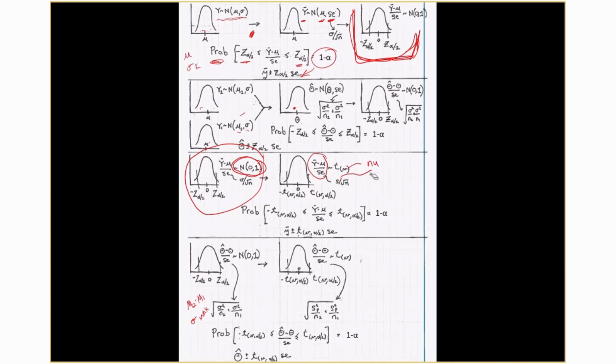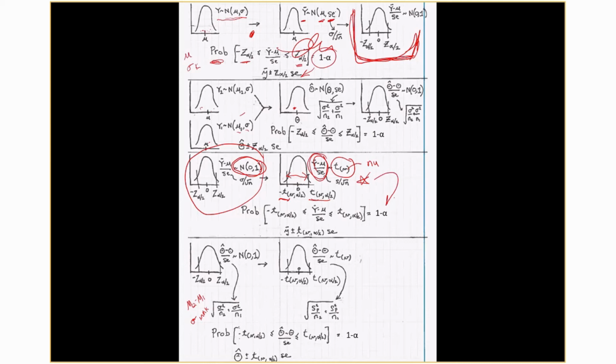But once we've got that, the process is pretty much the same as what we showed up here, namely that we can have our minus t values and plus t values that we get from our t table, and 1 minus alpha is the proportion of these guys that will lie between minus t and plus t. So again, this is the graphical representation.